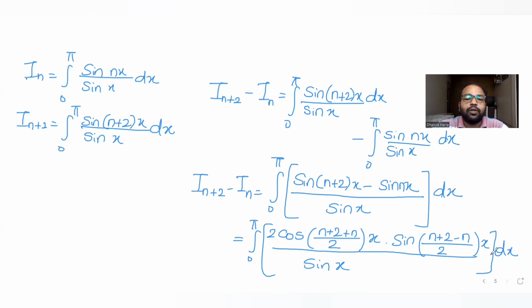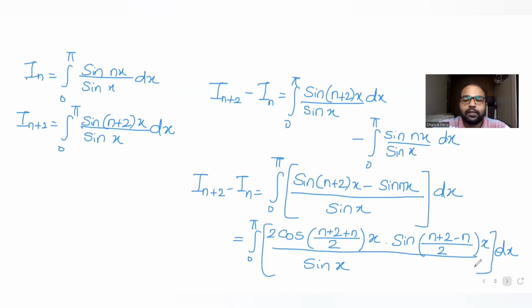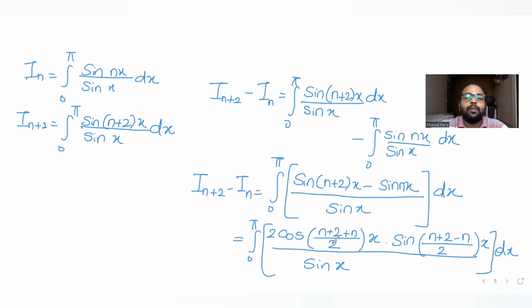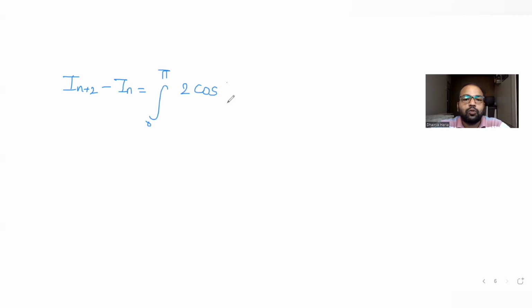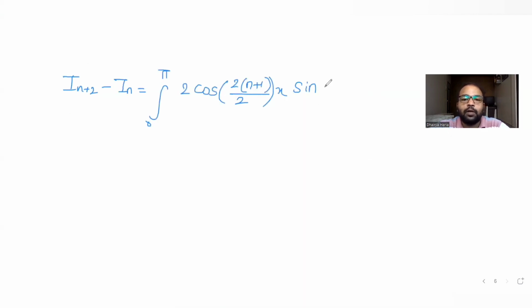So the difference I_(n+2) minus I_n is the integral from 0 to pi of 2 cos of (2n plus 2) upon 2. I can take out 2 common, so cos of (n plus 1) x, into sine of (n plus 2 minus n) upon 2 x. The 2 by 2 becomes 1, giving sin x upon sin x.